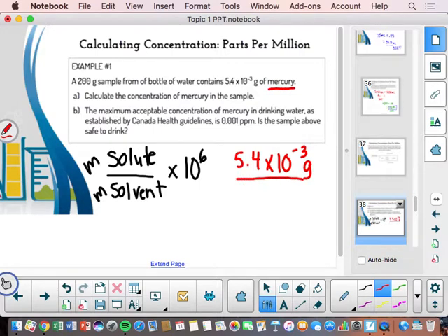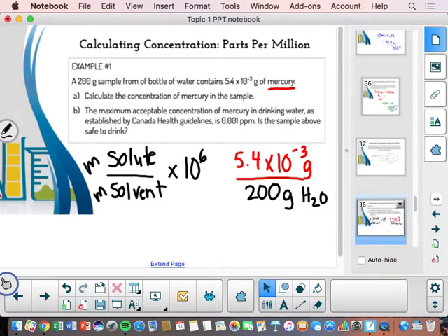Okay? And you're going to divide that by the solvent. The solvent is the water, which is 200 grams. This is of water, and this one's of mercury. Hg is the symbol of mercury. Okay? Hopefully that's not too confusing for you.